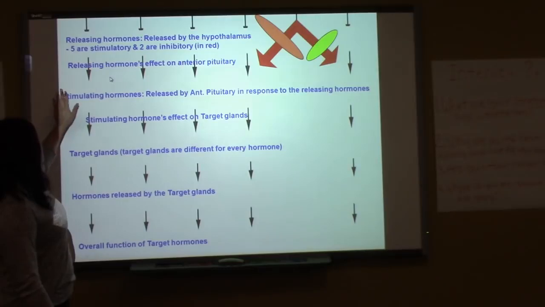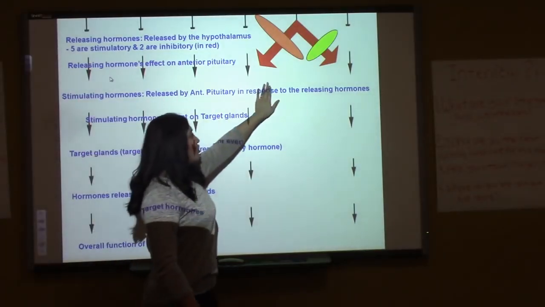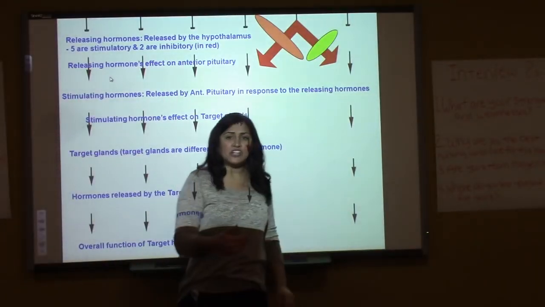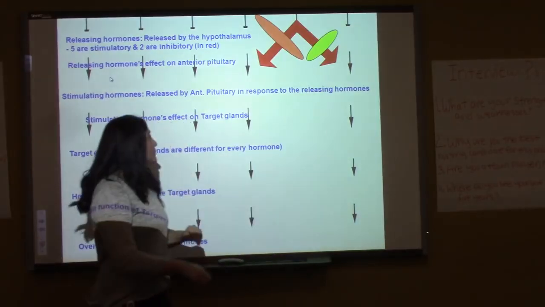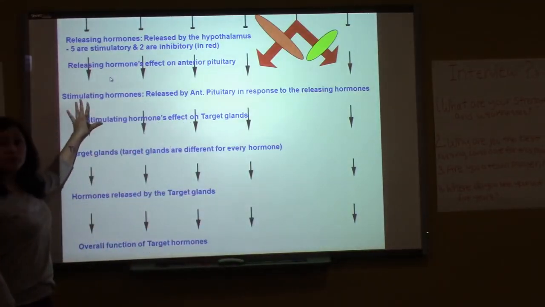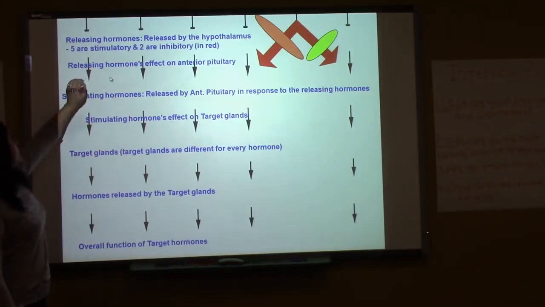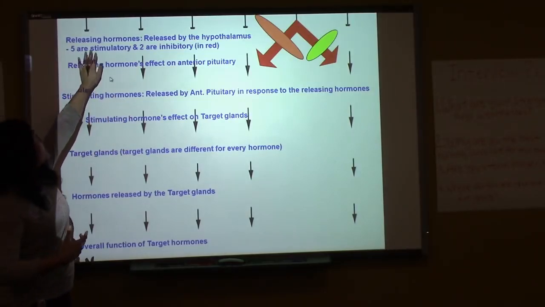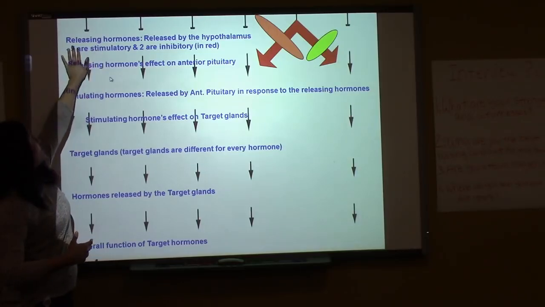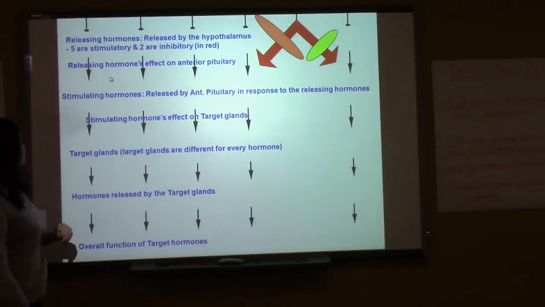This space right here are the hormones released by the anterior pituitary. And the hormones released by the anterior pituitary are called stimulating hormones. The hormones released by the hypothalamus are called releasing hormones.